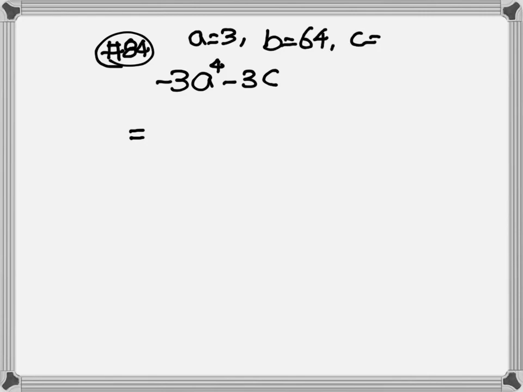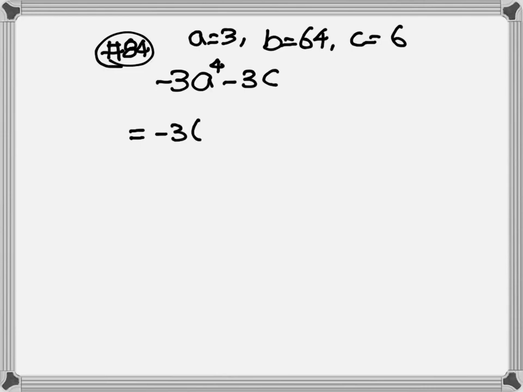Number 84, we have negative 3a to the fourth power minus 3c. Again, a is equal to negative 3, b is equal to 64, and c is equal to 6. So keep the negative 3.